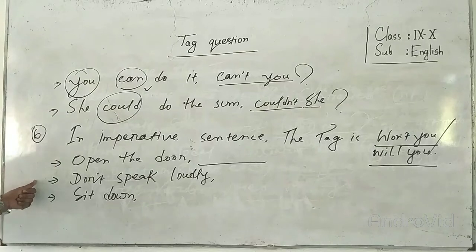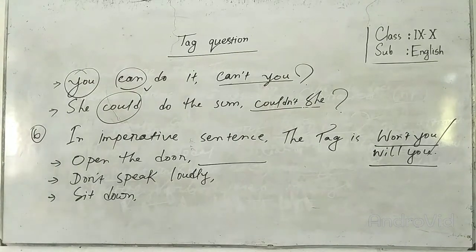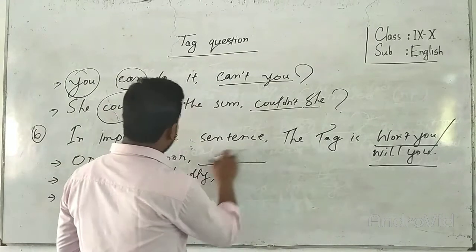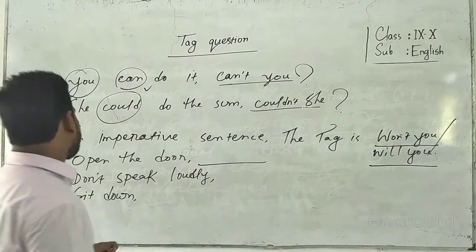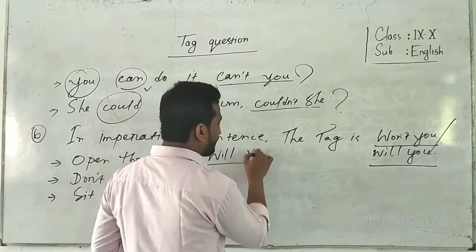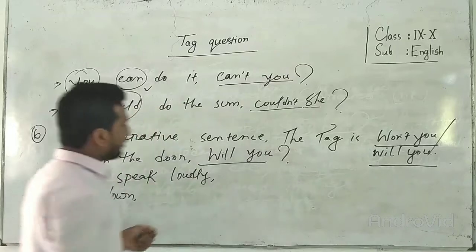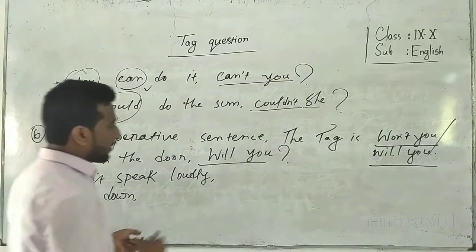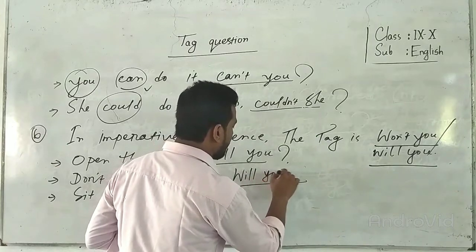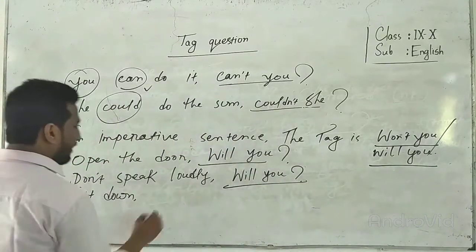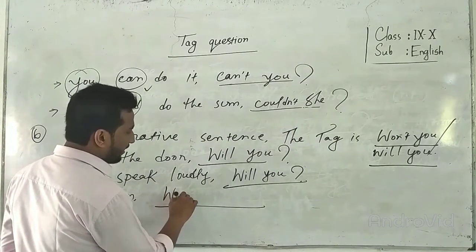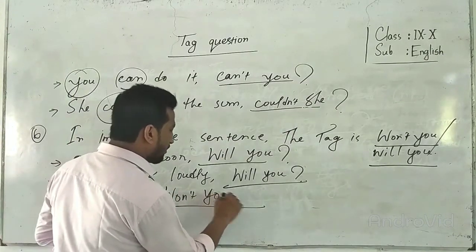It is also an imperative sentence. Open the door. Here I have told someone to do something, so I can put will you as tag, or won't you. Don't speak loudly. Here also the tag is will you. Here I invited someone, sit down, so I can write won't you or will you.